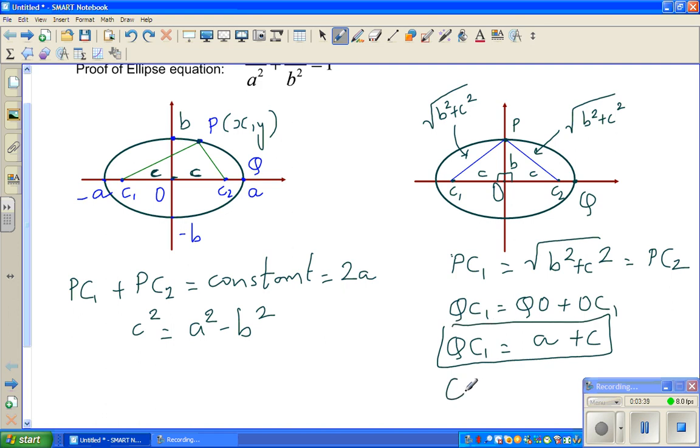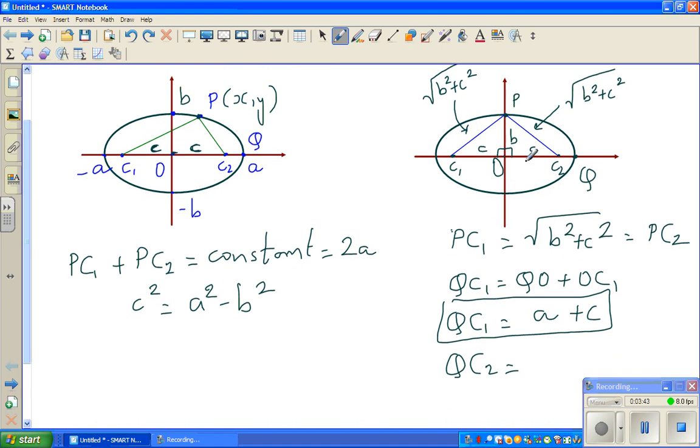Now what is QC2? I'm talking about this length. This is OQ. From QO, if you take away OC2, you will get QC2. I hope it is clear.